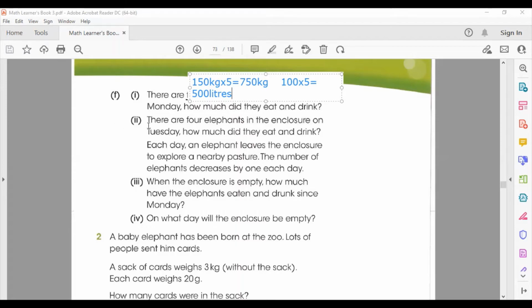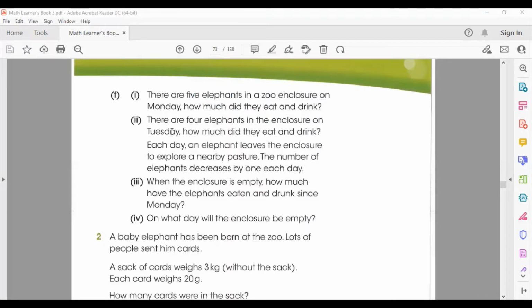Question F part B. There are 4 elephants in the enclosure on Tuesday. How much did they eat and drink? Same like the previous. In this question you're talking about 5, in the second part talking about 4. So 4 elephants, 4 multiplied by 150, eaten equal to 600 kg.